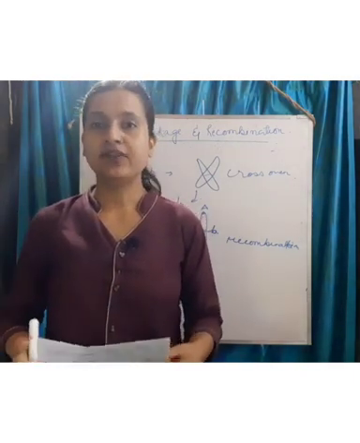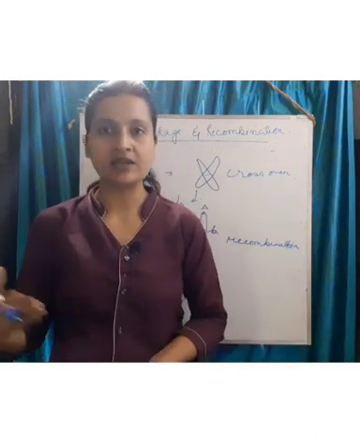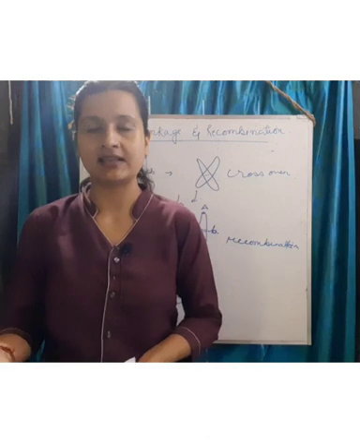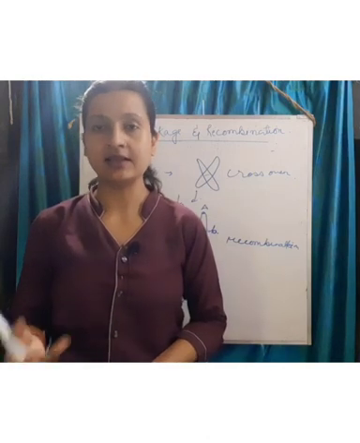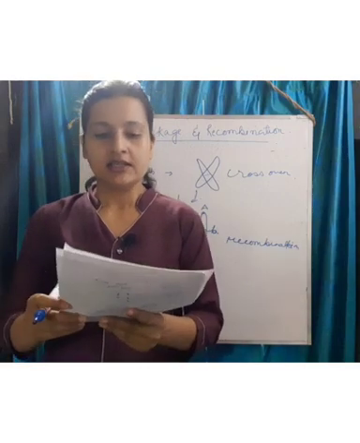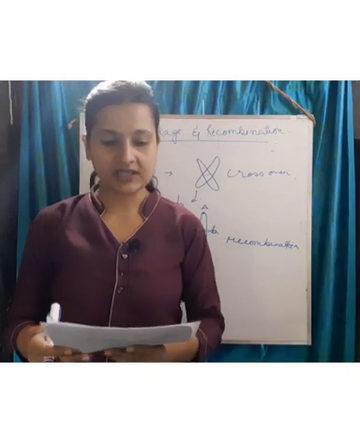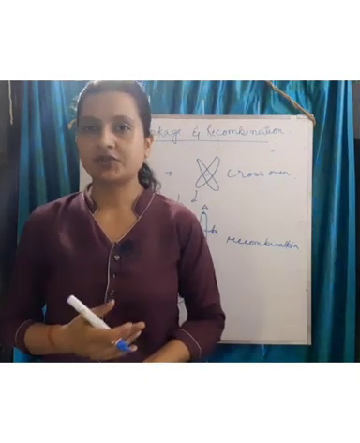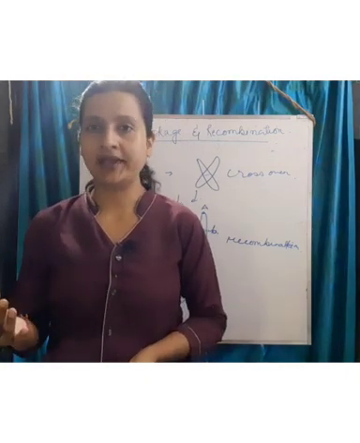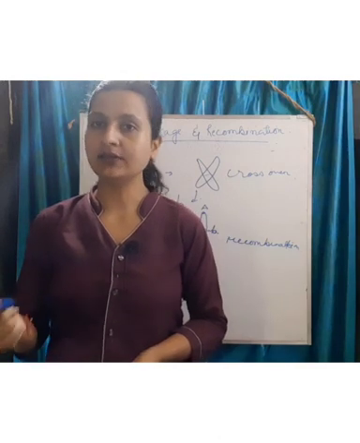First is variation in trait. The way the pea plant has so many variations, so many traits, color, shape, height, there were so many. Similarly, T.H. Morgan chose Drosophila melanogaster because of the contrasting traits, like eye color, red and white.